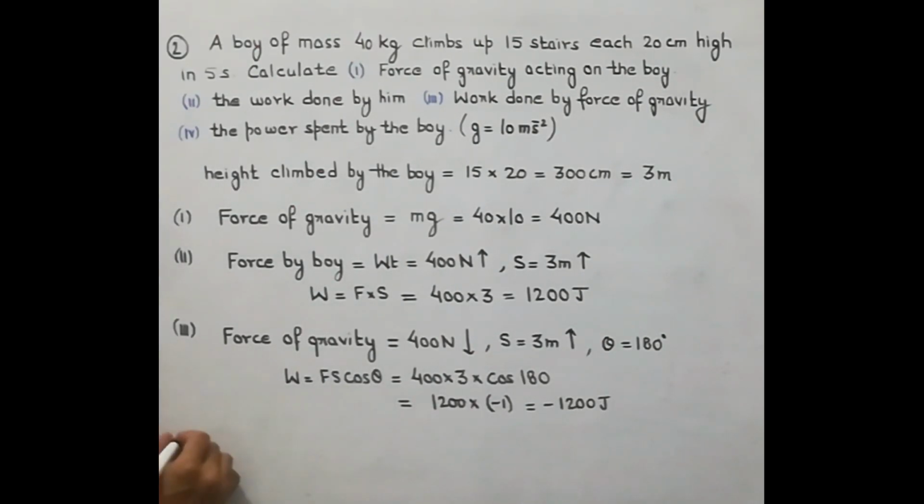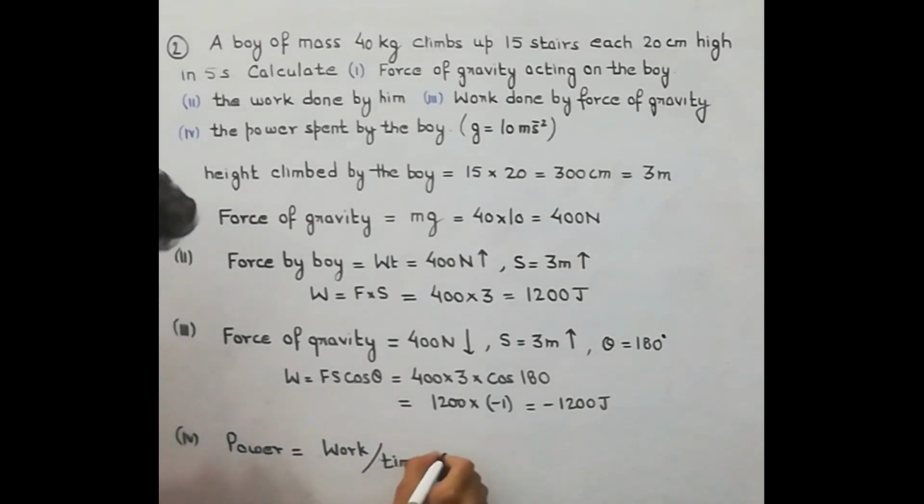Now coming to the fourth part. In the fourth part, they have asked you to calculate the power spent by the boy. Okay, the formula for power is work upon time. Now, work is to be taken in joule and time to be taken in seconds.